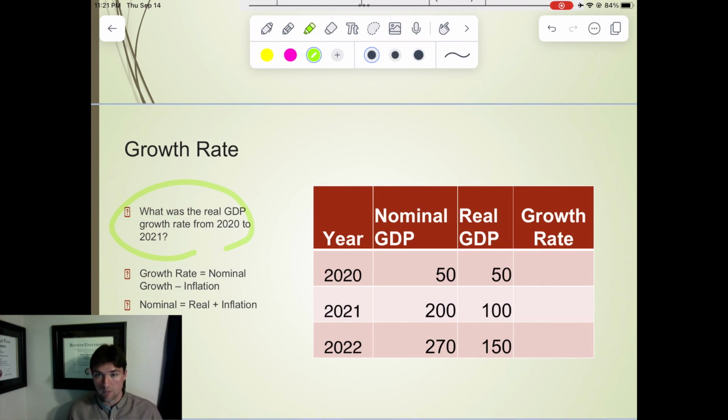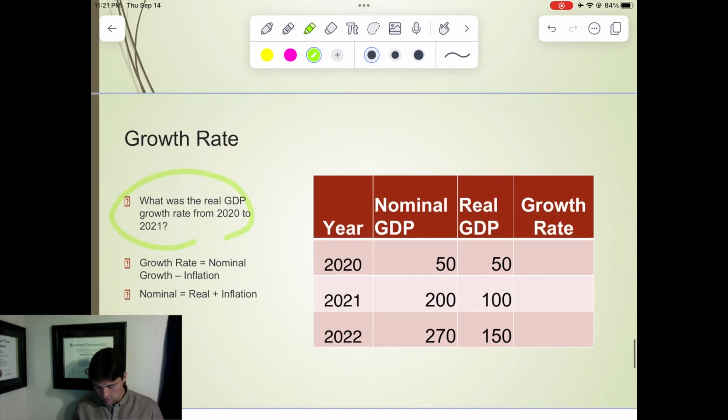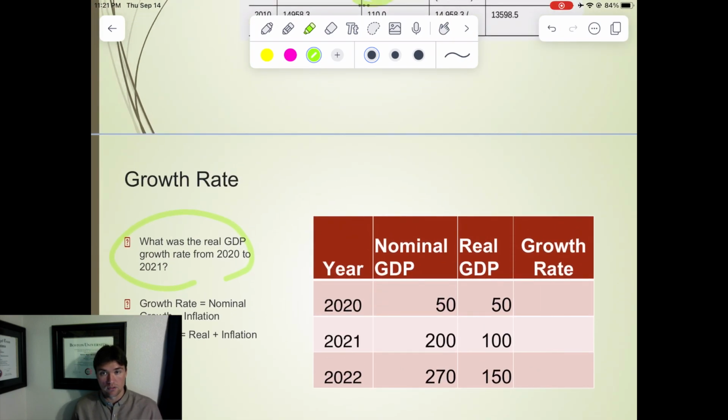So we did all of that to get to here. One of those goals was economic growth. So how much did we grow? Well, there are a couple ways we could solve this. We could do the nominal growth minus inflation, or you could do new minus old divided by old.